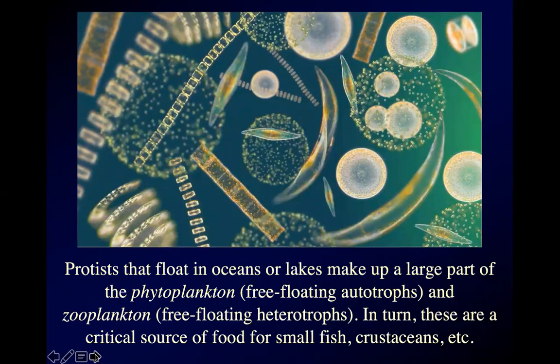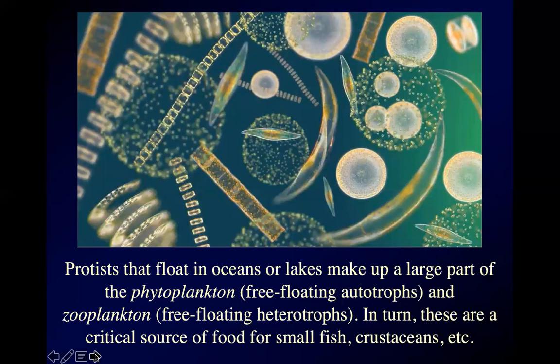insects, and those get eaten by small fish that go on to get eaten by bigger fish that go on to get eaten by the giant prize crappie that my cross the street neighbor is always failing to catch. So if you've ever landed a 5-pound largemouth bass or something like that, ultimately it's dependent on phytoplankton and zooplankton.